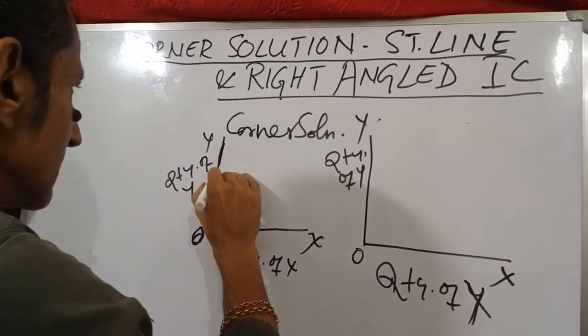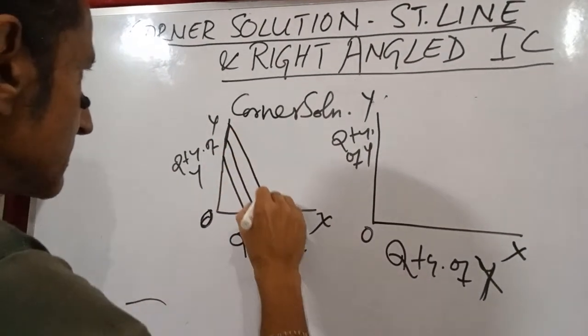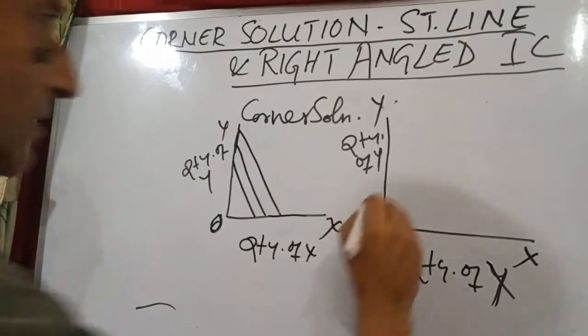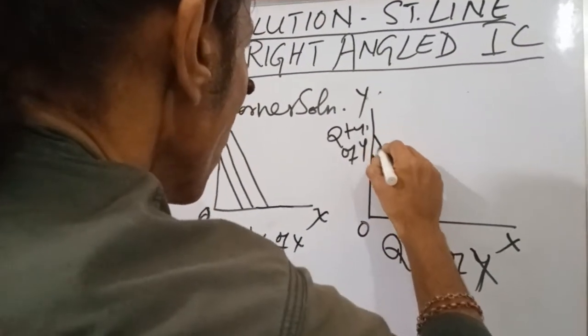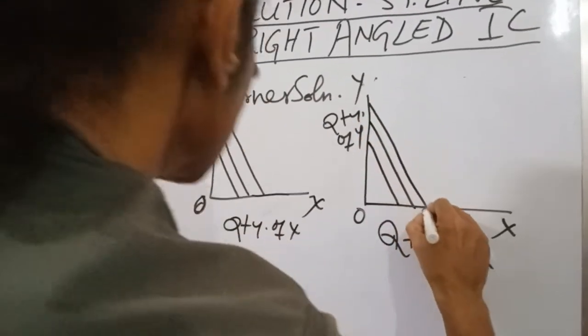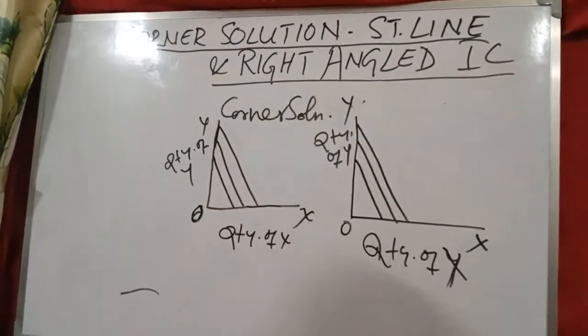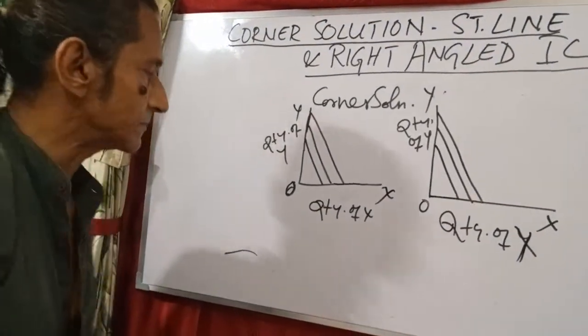Suppose these are the indifference curves, straight line indifference curves. Now a straight line indifference curve happens when the goods are perfectly substitutable for one another. Only for perfectly substitutable commodities is the indifference curve a straight line.